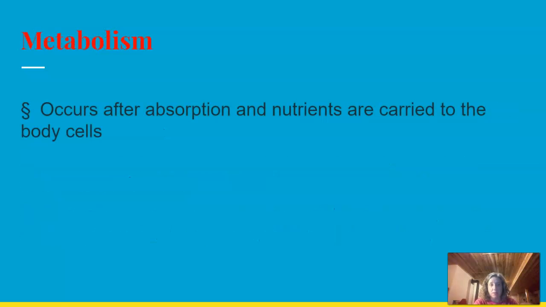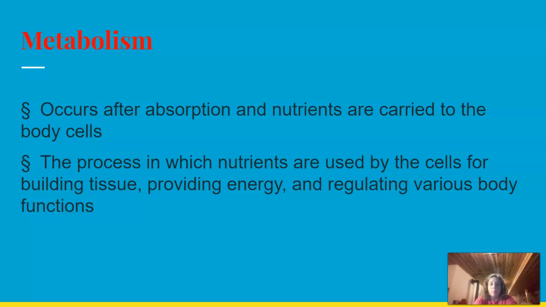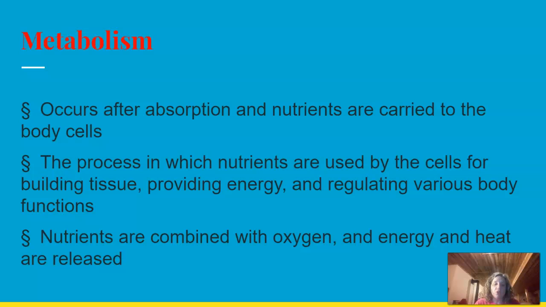Metabolism occurs after absorption, when nutrients are carried to the body cells. Metabolism is the process in which the nutrients are used by the cells for building tissue, providing energy, and regulating various body functions. The nutrients are combined with oxygen and energy, and heat is released.